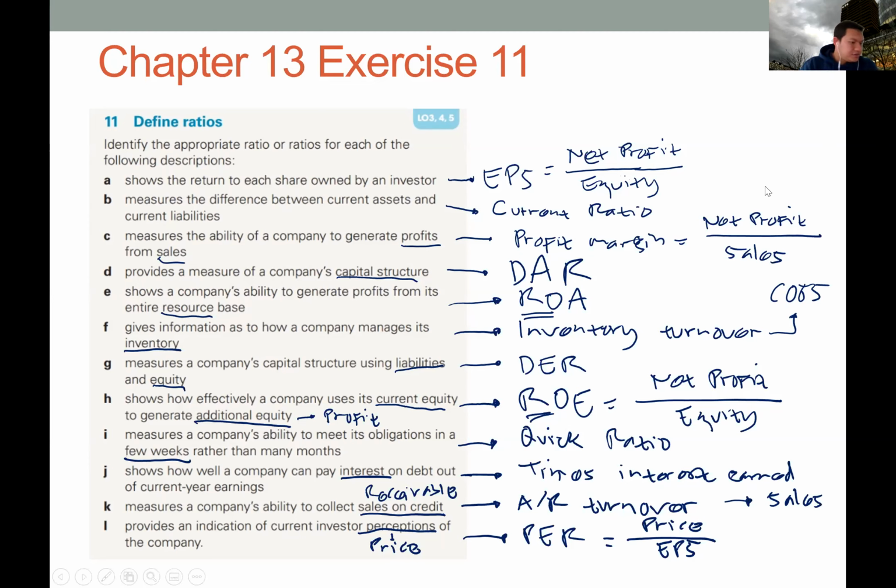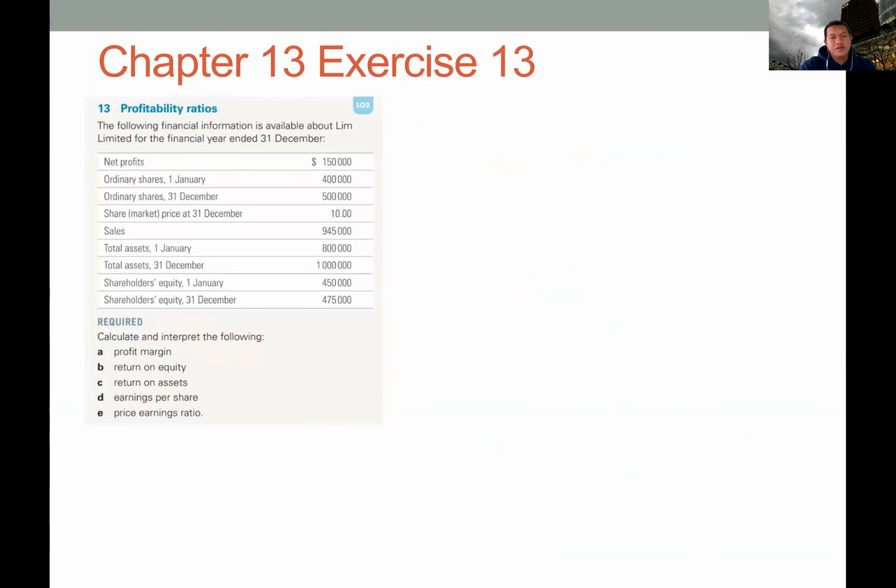Any comment or questions on exercise 11? No? Okay, let's continue. The next one is exercise 13. So we have Lim Limited. We have some information from their financial statement, and we also have some ratios to calculate.